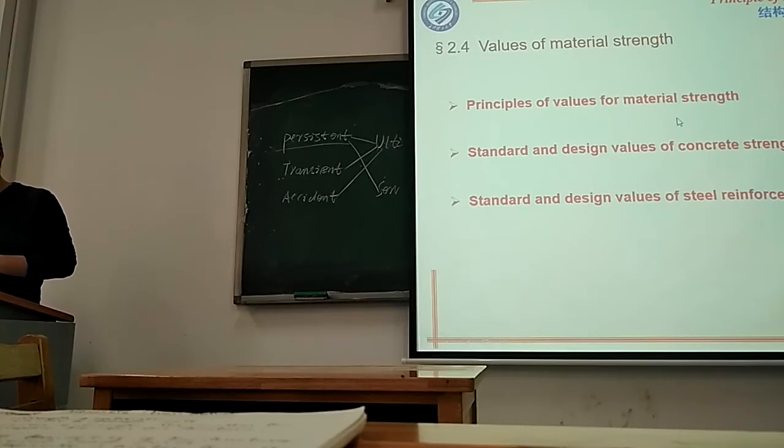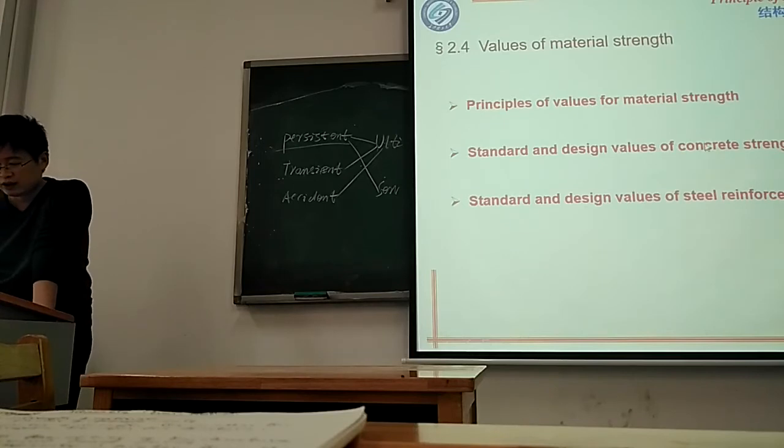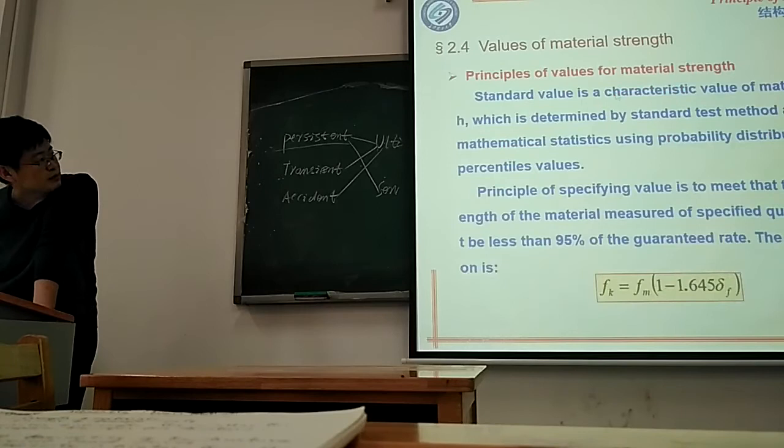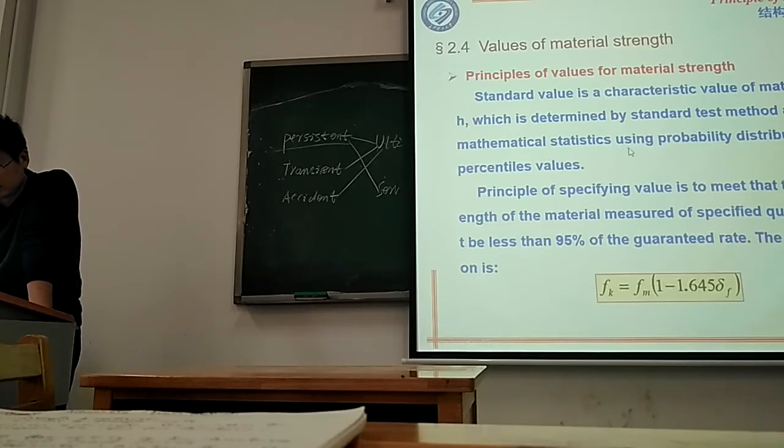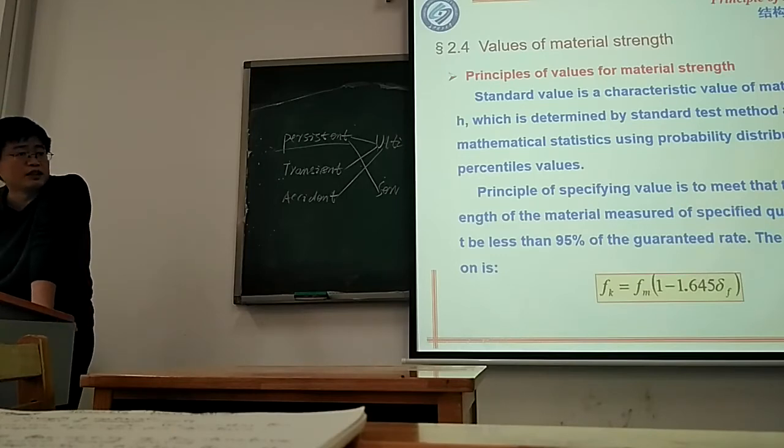The principle of the value of the material strength, the value for the concrete and the steel reinforcement. Here, the standard value is a characteristic value of the material strength, which is determined by the standard test method according to mathematical statistics using probability distribution with 95% guarantee.